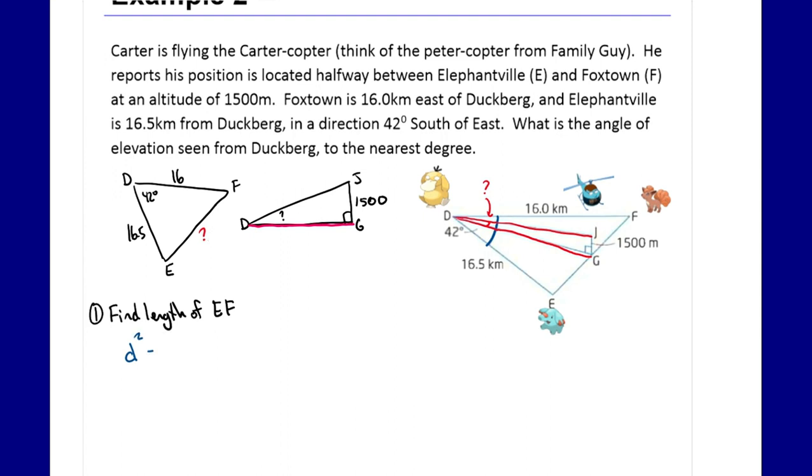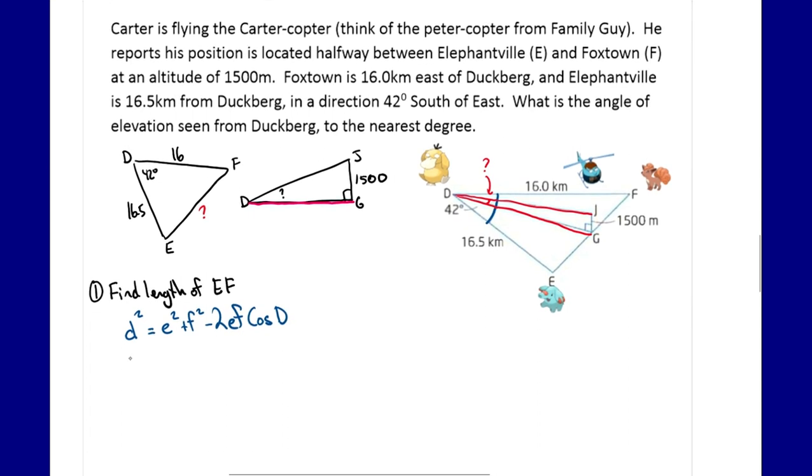So d squared equals e squared plus f squared minus 2ef times cosine D. d squared is going to equal 16 squared plus 16.5 squared minus 2 times 16 times 16.5 times cosine of 42 degrees. So all I'm doing is plugging my information into the cosine law.